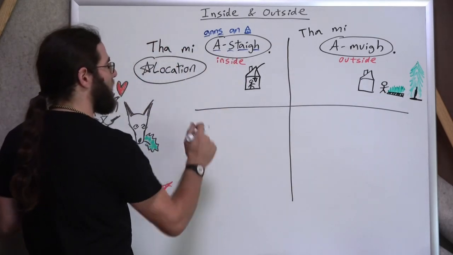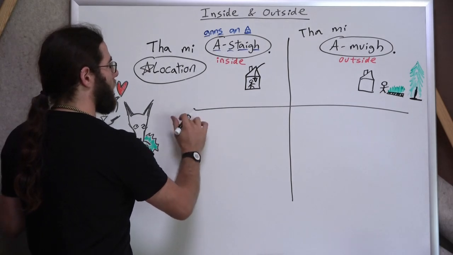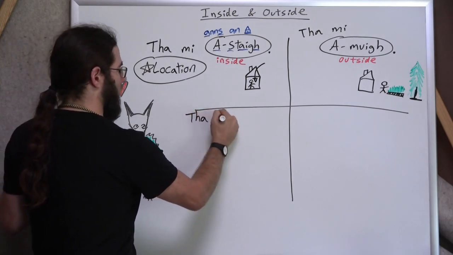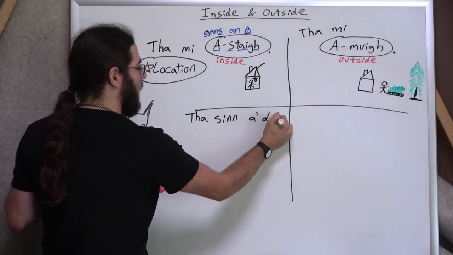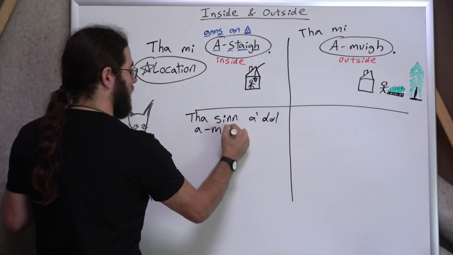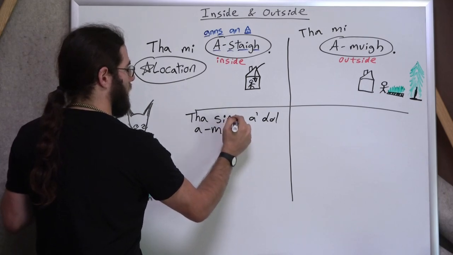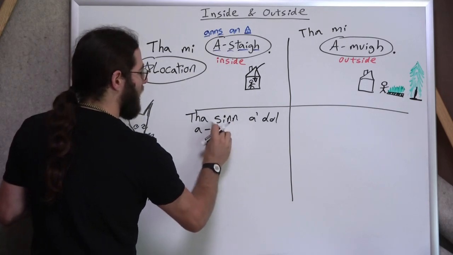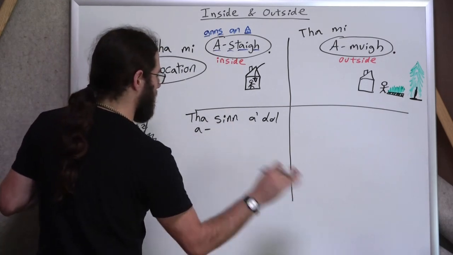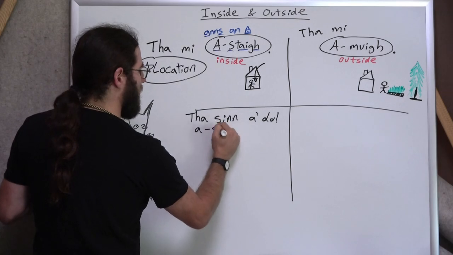So let's start with inside again. Oh, I'm jumping ahead of myself. That's our one for outside.